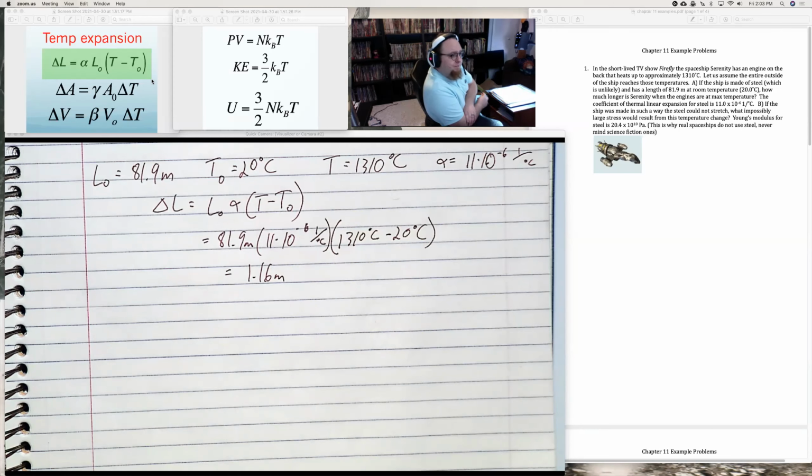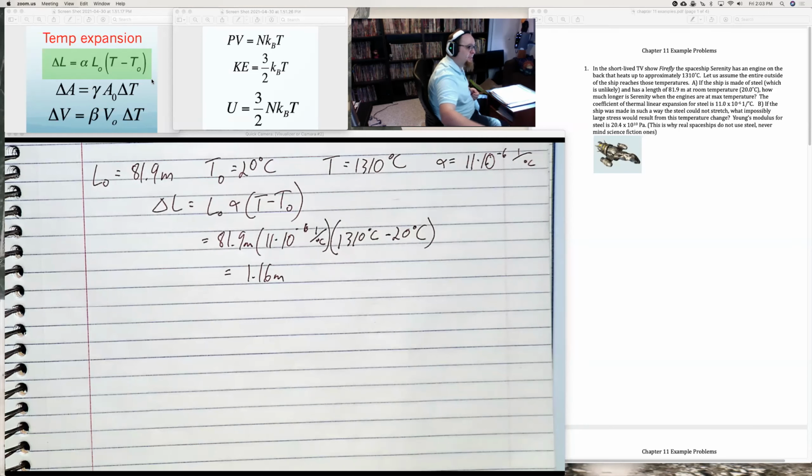Now, part B. If the ship was made in such a way the steel could not stretch, what impossibly large stress would result from this temperature change? When I do problems with solids, I sometimes also work things in with pressure, where pressure is force over area. But a lot of the times I work in something like this, and this goes back to what we learned in chapter 9.